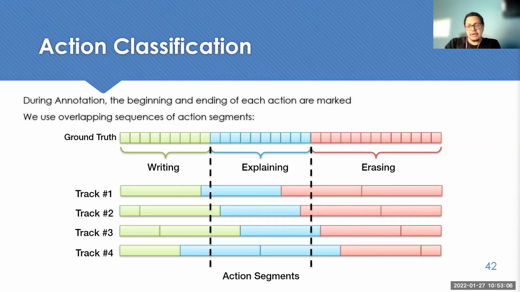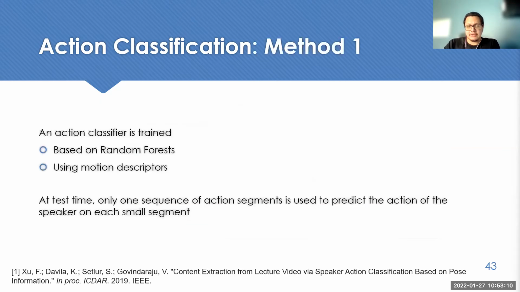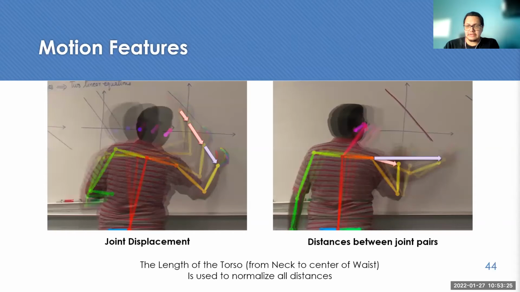So we tried a couple of approaches to classify what the speaker is doing based on this idea. The first one was to use traditional machine learning techniques like random forest combined with motion features to do the classification. These motion features describe things like the joint displacement, for example, how much the hand is moving across different frames, right?